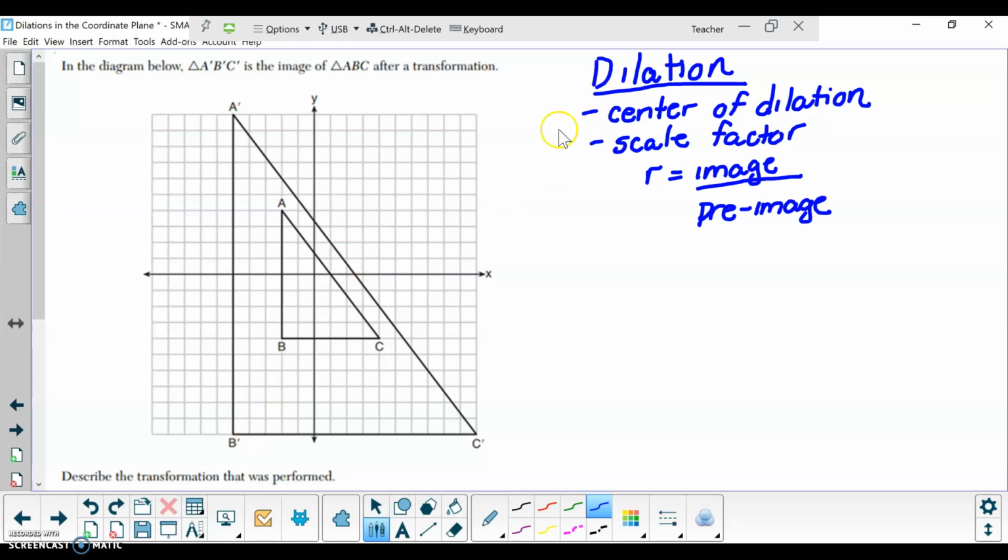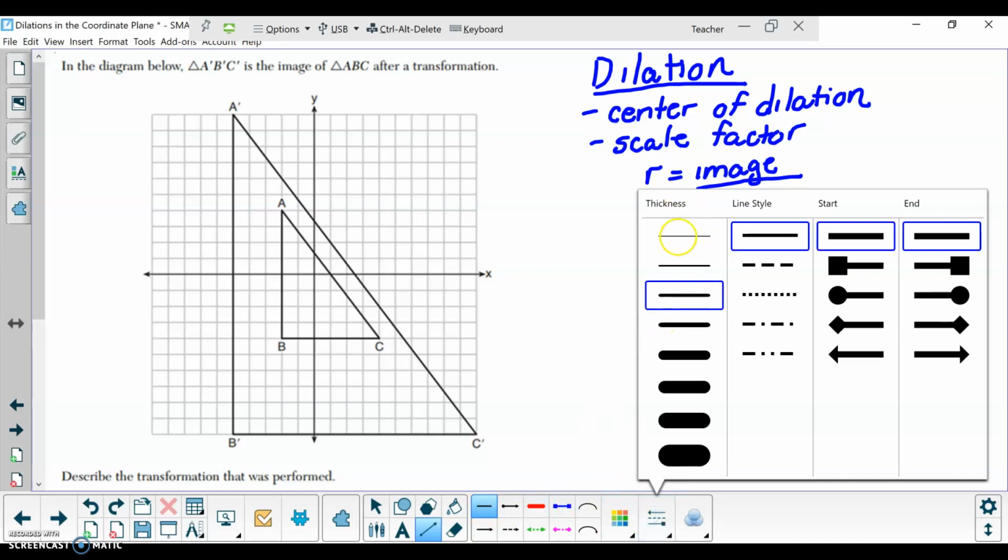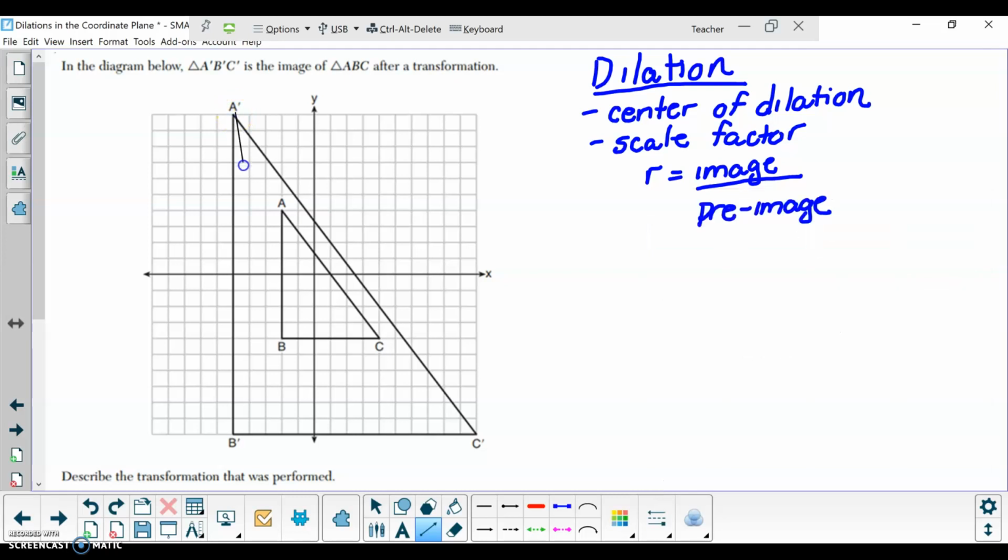Okay, so first let's talk about how to find the center. To find the center of dilation, we can do this the same way we did it with constructions. I'm going to take my straight edge and connect every pre-image to its corresponding image. So A to A prime, draw a nice long line.